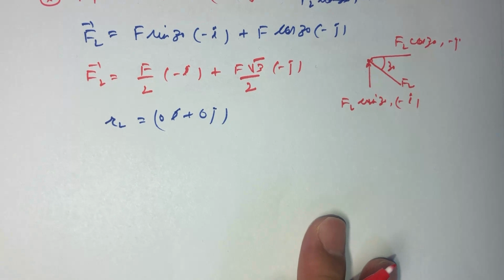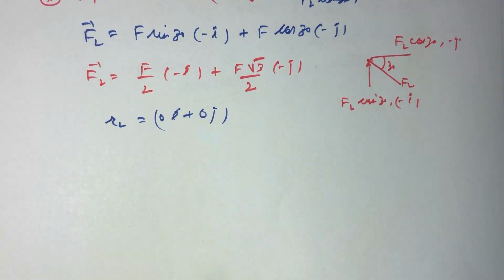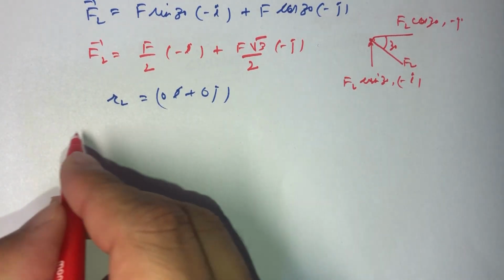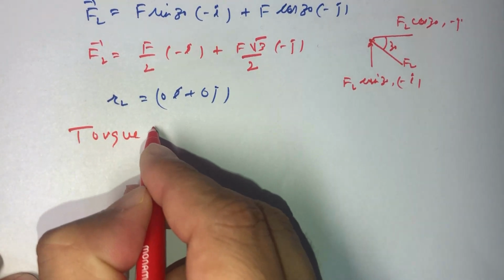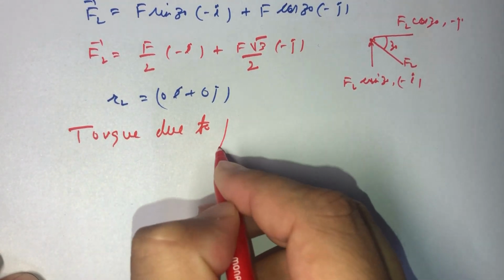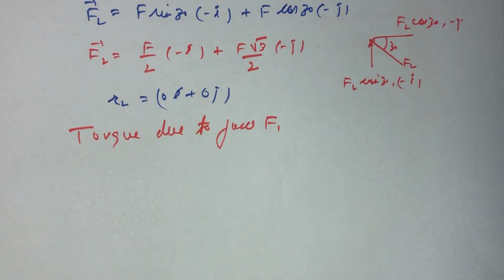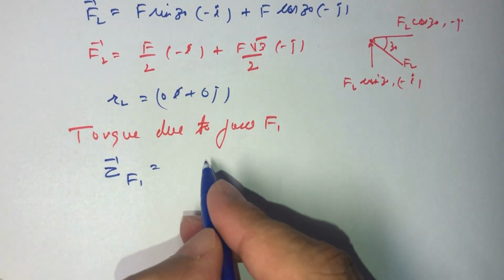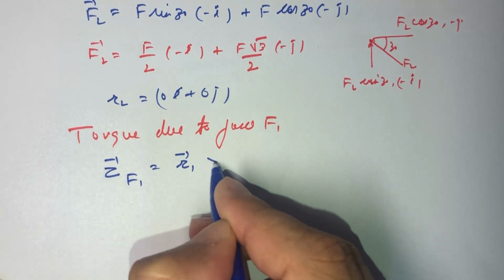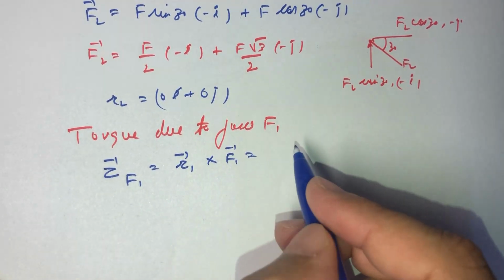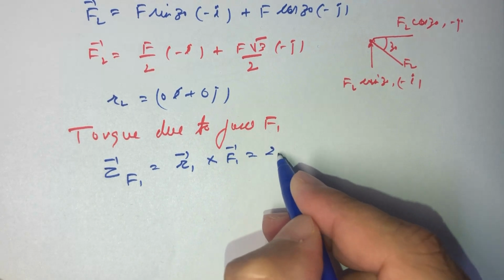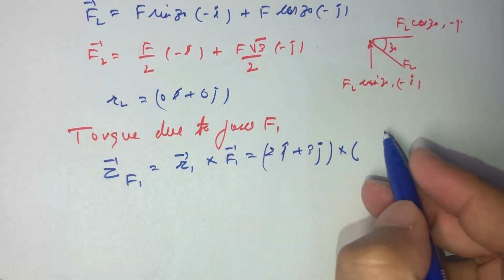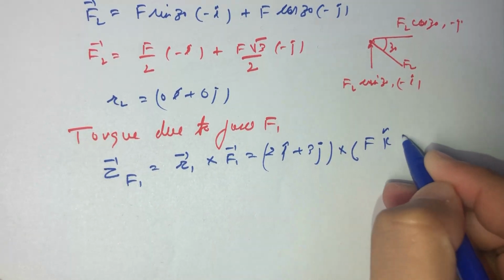So first of all, we are going to find out the torque because of F1, then we are going to find out the torque because of F2. You can say torque due to force F1, let us call that torque F1. It will be the cross product of position vector R1 and F1. R1 we already know is 2i plus 3j, cross product with F k unit vector.